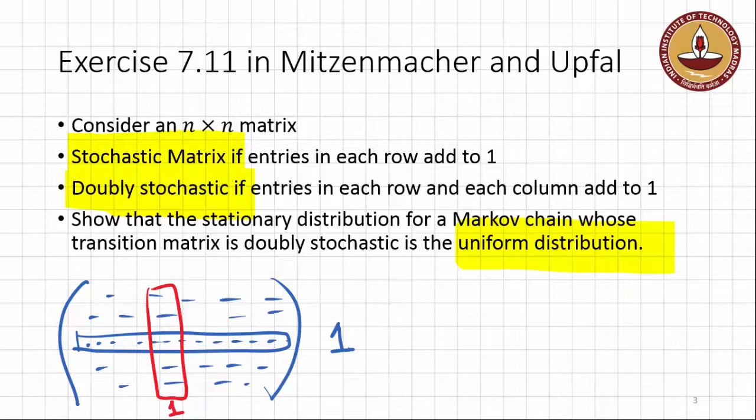If this is the transition matrix, say the transition matrix A, then for a stationary distribution, say pi, A times pi should equal pi itself. So this is the requirement for the stationary distribution.